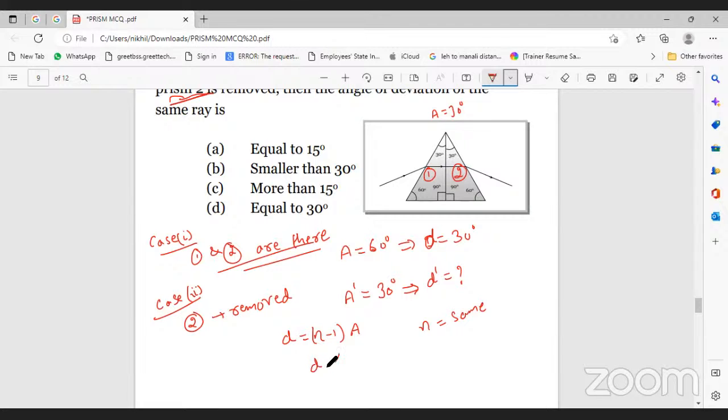So deviation is directly proportional to the angle of the prism. So D dash by D is A dash by A. So D dash is A dash by A into D.